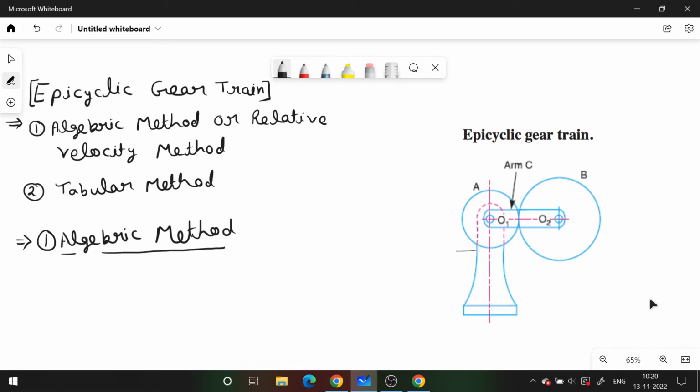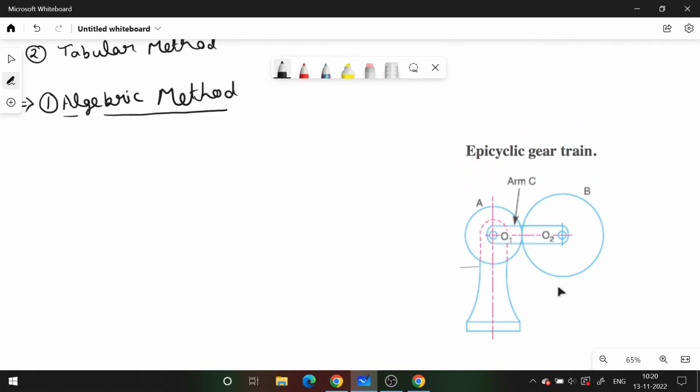Let us consider an epicyclic gear train with two gears A and B and an arm C. In the algebraic method, the motion of each element of the epicyclic gear train relative to the arm is written in the form of an equation.